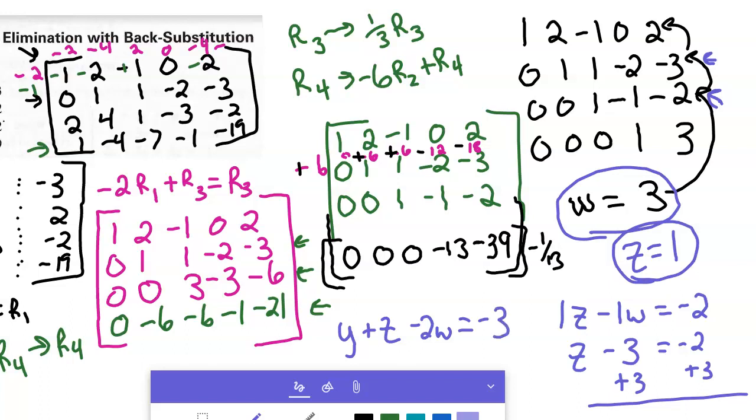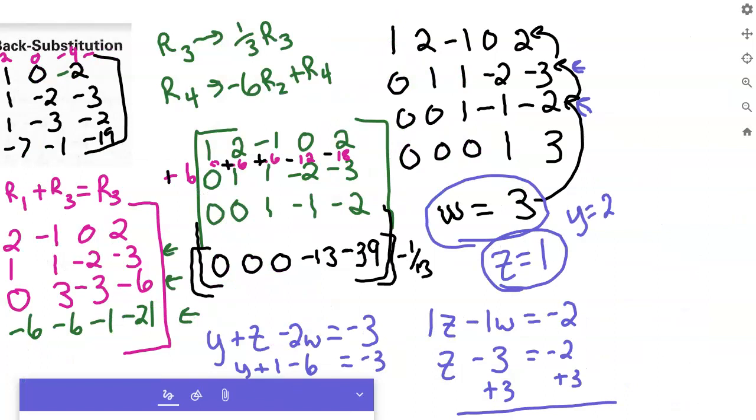So y plus 1 minus 2 times 3 is -6 equals -3. That'd be -5 plus 3 is 2. So we know y is 2.